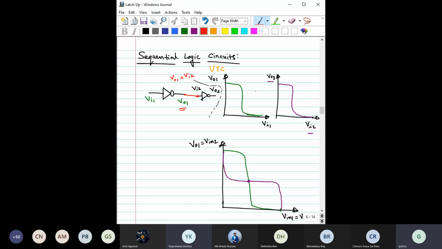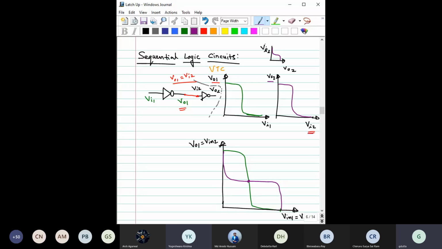Then you see V naught 1 is the same as that of VI2, so that means we have to take this axis and put it here. If I do that, how would that look? It will be VO2, and here it will be VI2. Probably it will look something like this.